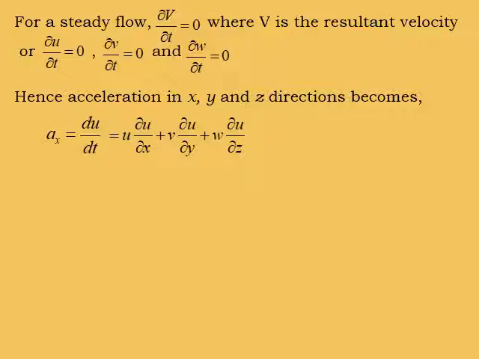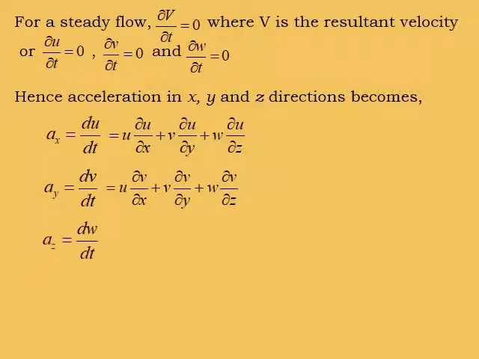Because of steady flow, a of y, the acceleration in y direction, that is dv by dt is equals to u into dou v by dou x plus v into dou v by dou y plus w into dou v by dou z.